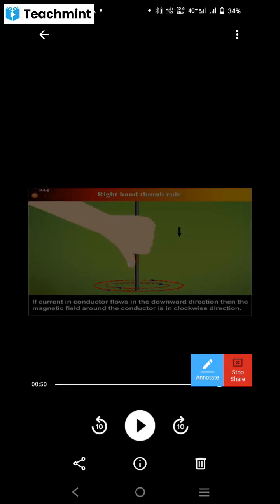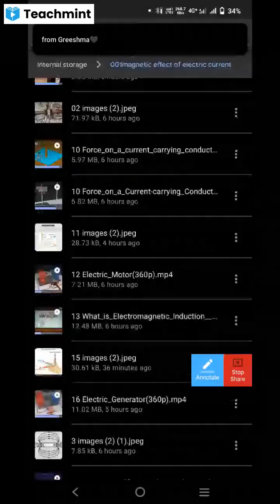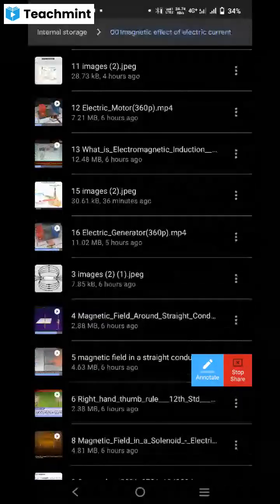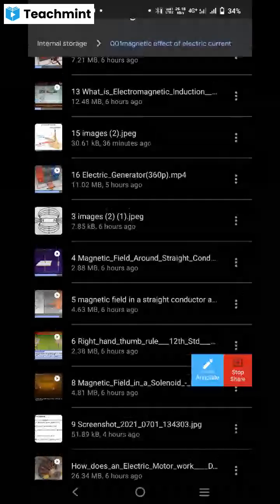Okay, next is magnetic field due to a current carrying circular loop. In a circular loop, let us see how this circular loop behaves.